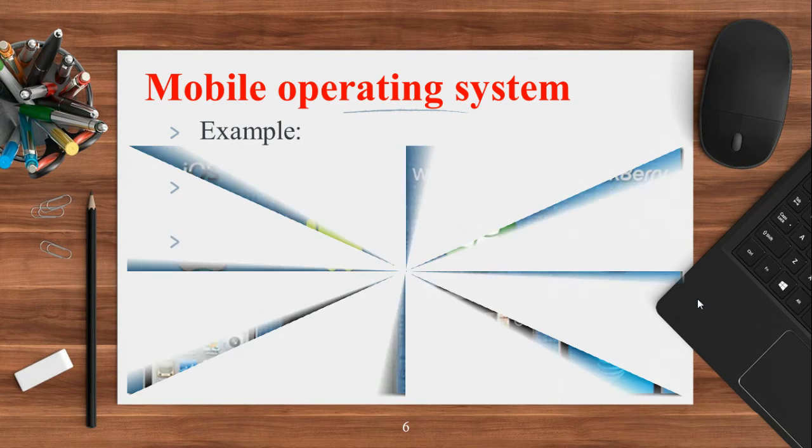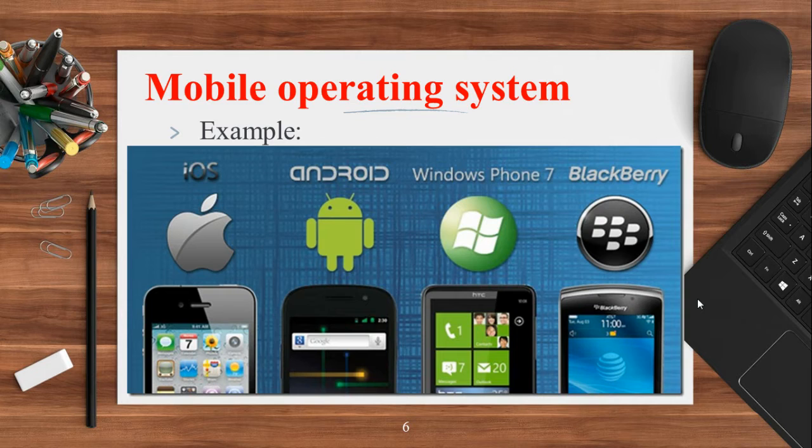We have so many operating systems that have come now that we can use in mobile also. Previously it was Symbian, next it was Android, and now they introduced all types of operating systems which you can use in your mobile phone.